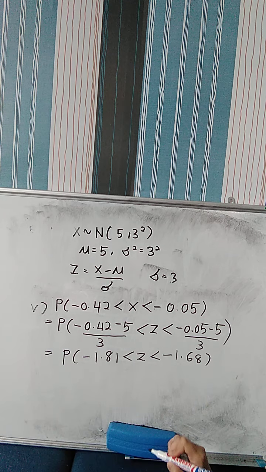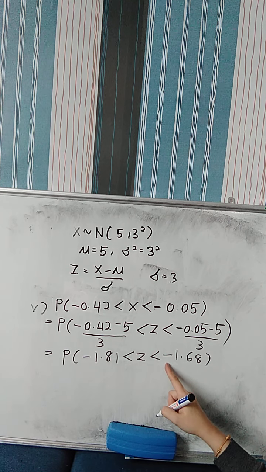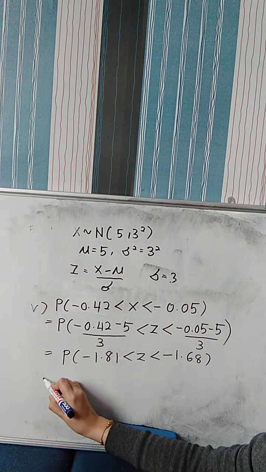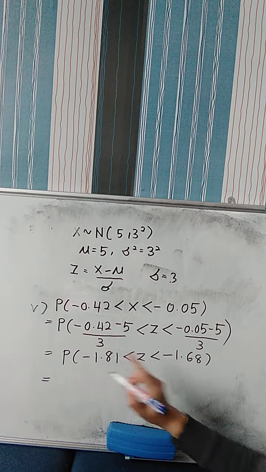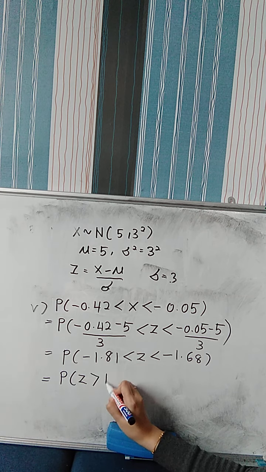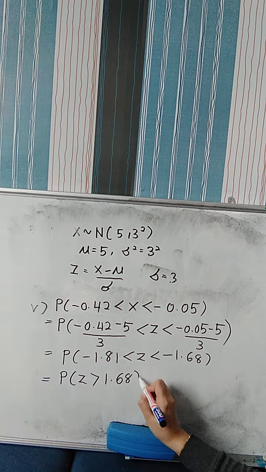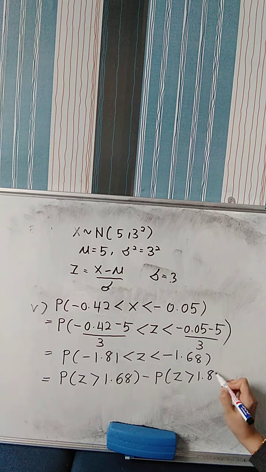Okay, next calculate, the final answer here is negative 1.81 less than Z less than negative 1.68. Okay, you have negative on your left and negative on your right. So how to solve? On your right minus on your left. So P(Z more than 1.68) minus P(Z more than 1.81).